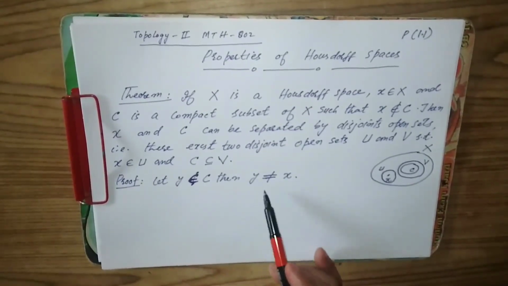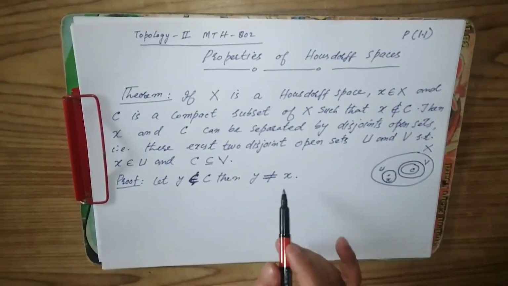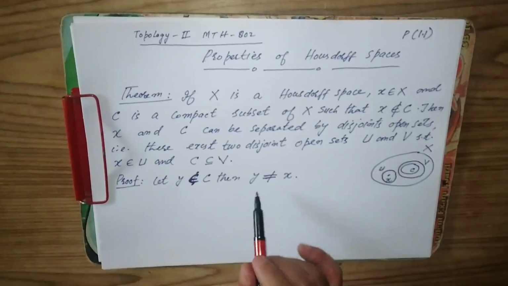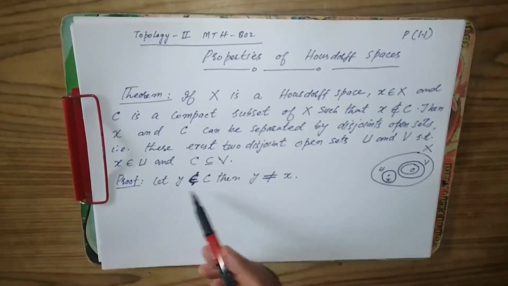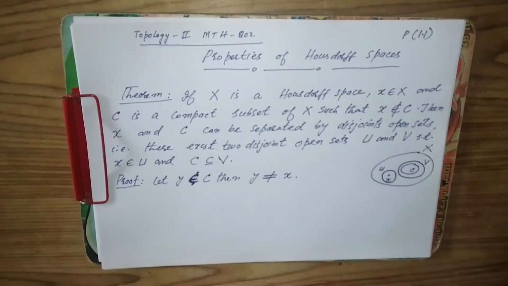For any two distinct points of a Hausdorff space, we can find two disjoint open sets containing these two points. So these open sets must depend on y.